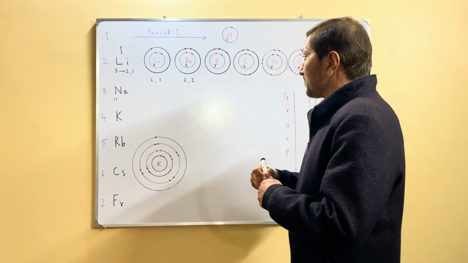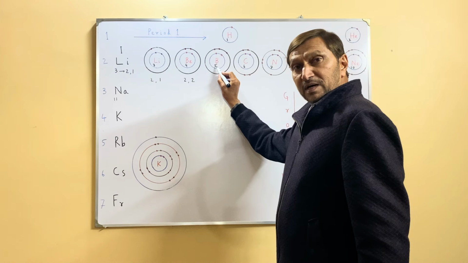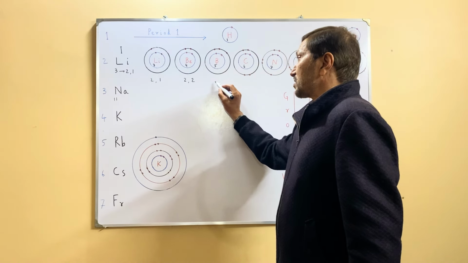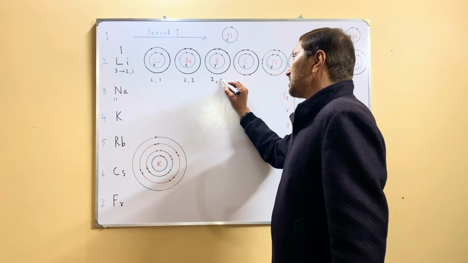Then boron, proton number, atomic number is 5. It means it has 5 electrons, 2 and 3.